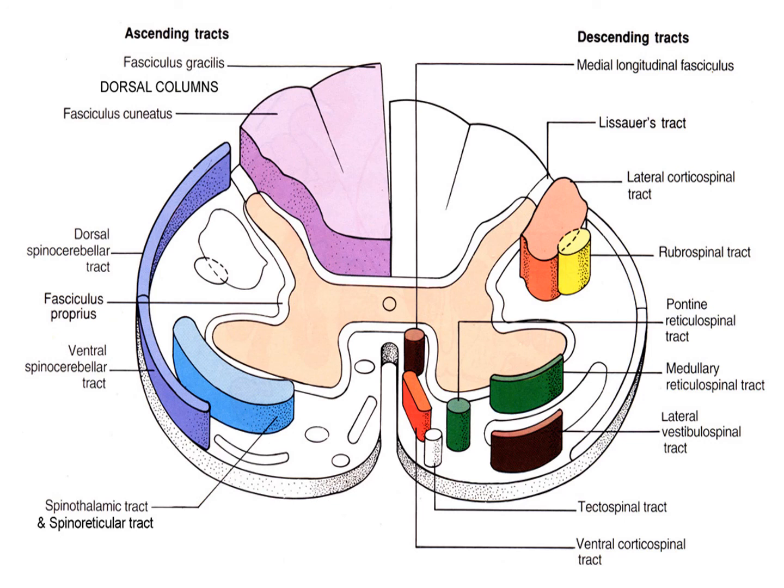Another term appearing on the descending tracts side of the diagram is Lissauer's tract. The details of it I will deal with when I teach you the effects of injury to the spinal cord later during my lecture.